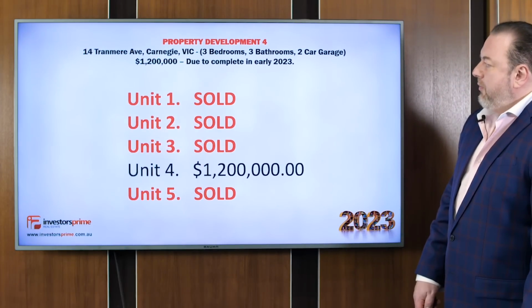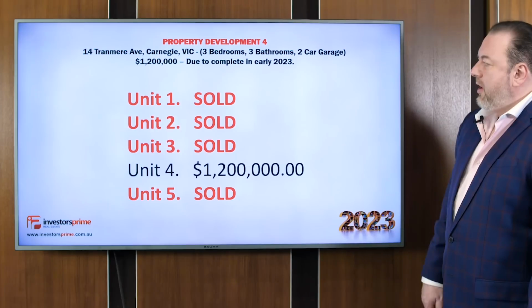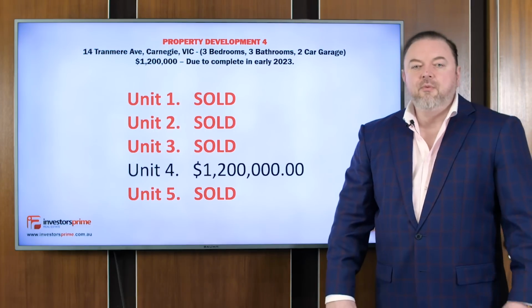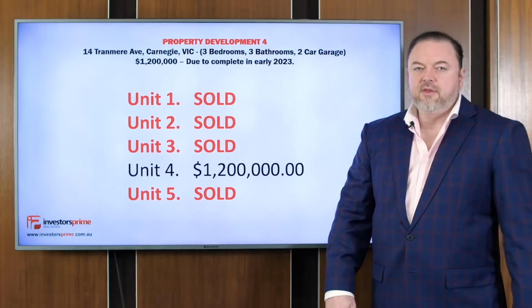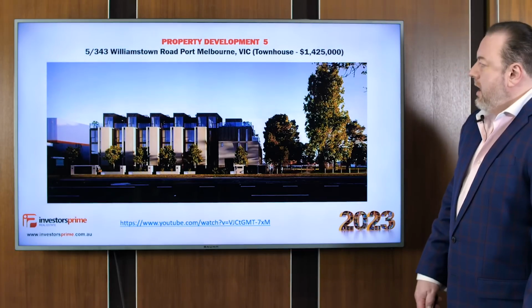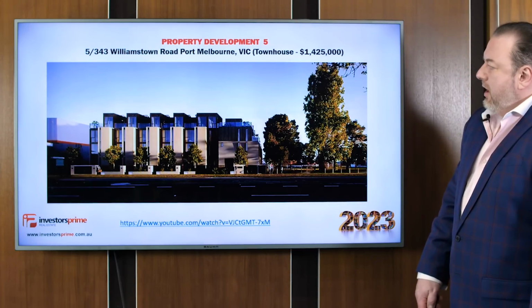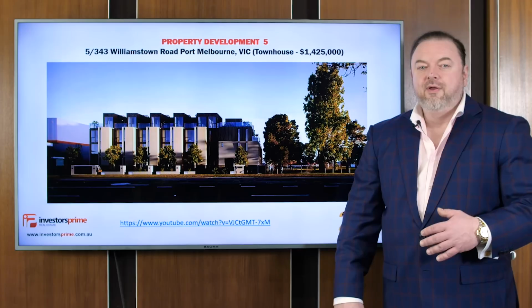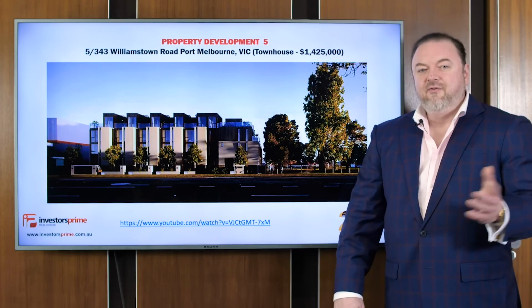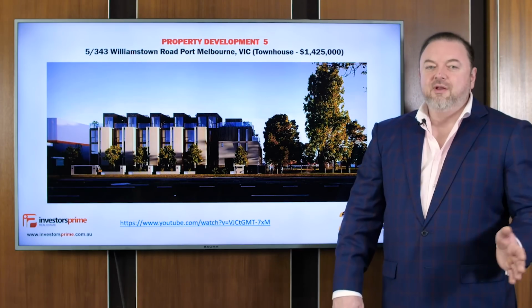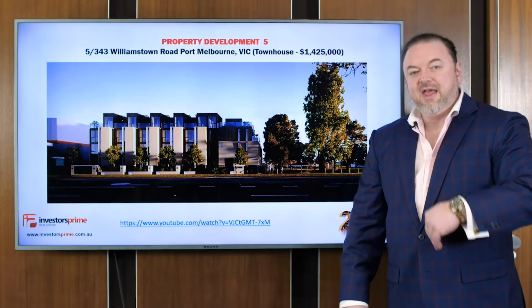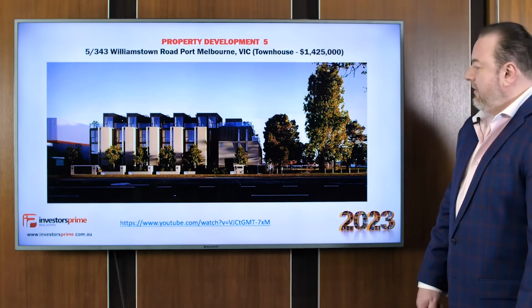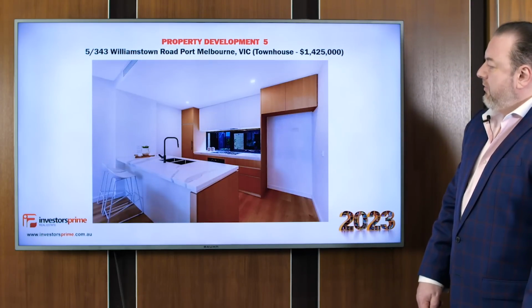This is another example. And by the way, they're all sold now. I was hoping one would be available, but they're actually sold out. They're not available anymore. This is an example of a property in Port Melbourne, which is $1.425 million, that also sold just before I did this video. When I was starting doing the video, it was available, but as of now, it's sold and contracted. But this was a townhouse for $1.425.